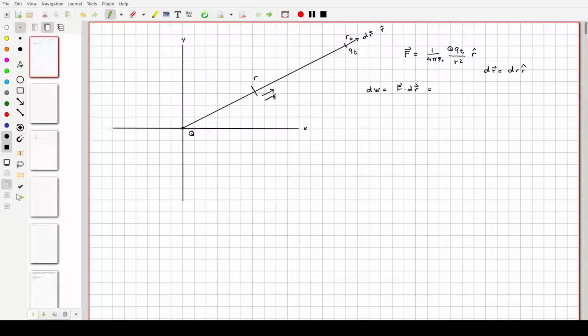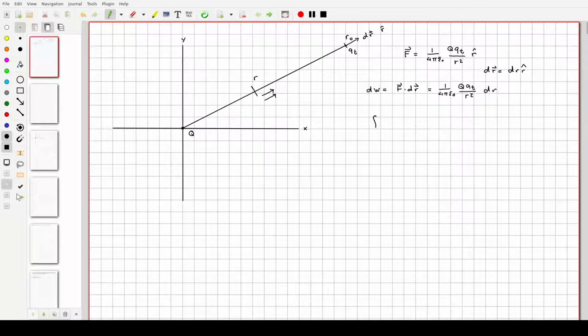But this is also the direction that we're integrating. So the dot product between these two is going to be 1. So at the end of the day, we have 1 over 4 pi epsilon naught, Q test charge, Q, over r squared dr. This is what we're going to integrate.